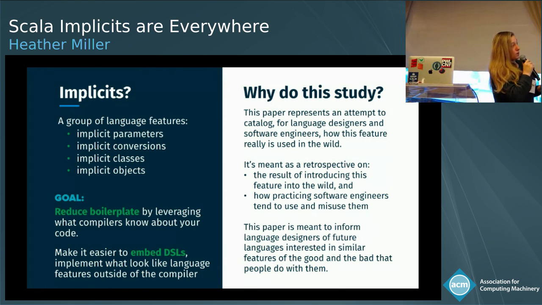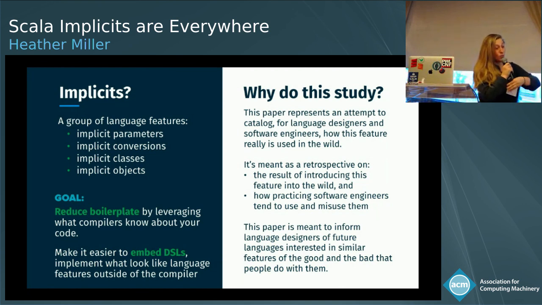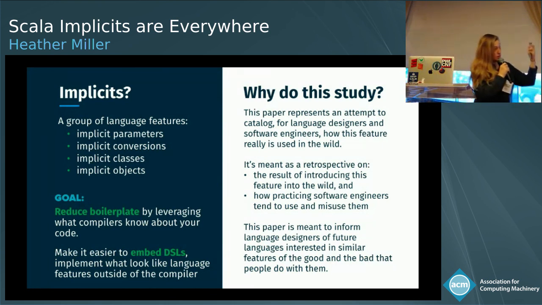So it was meant as a retrospective on introducing this thing into the wild and having real software developers pick it up and use it, and then watching them misuse it as well. So this is more of a bunch of takeaways for potential designers of future languages, or things that might be good and bad that people might do with these things, at least as they were presented in Scala.